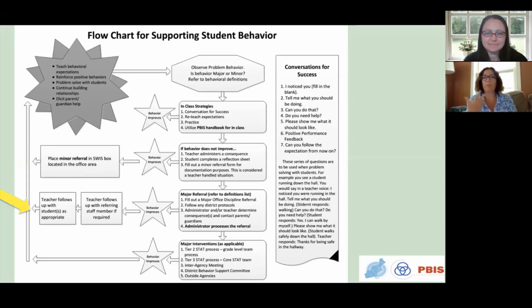But if it's a more major behavior, like an episode of physical aggression or harassment or bullying or some of those other definitions that you've already decided on, now we know how we respond to that, what the expectation is as a staff member, and what the student will be experiencing.